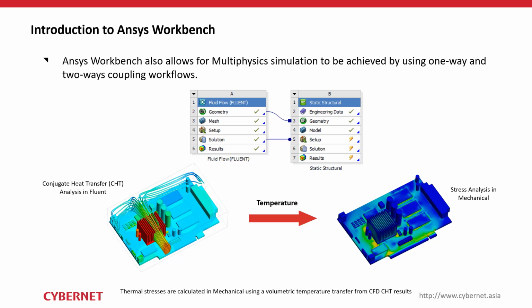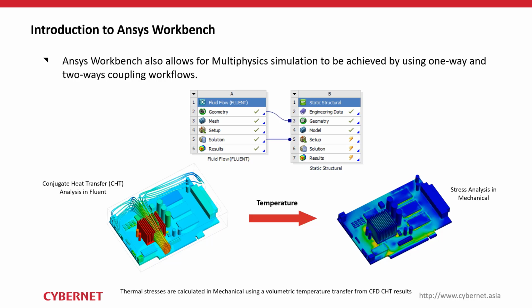With Ansys Workbench, you can also do the multi-physics analysis that I briefly mentioned previously. It allows you to drag and drop and combine a few physics together. In this case, we can see a combination between fluid analysis and structural analysis. This can be achieved by using either a one-way or two-way coupling workflow.